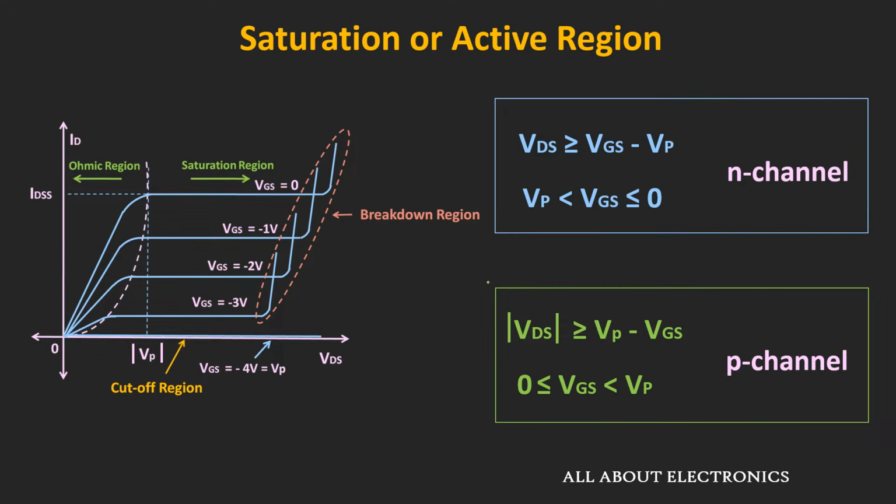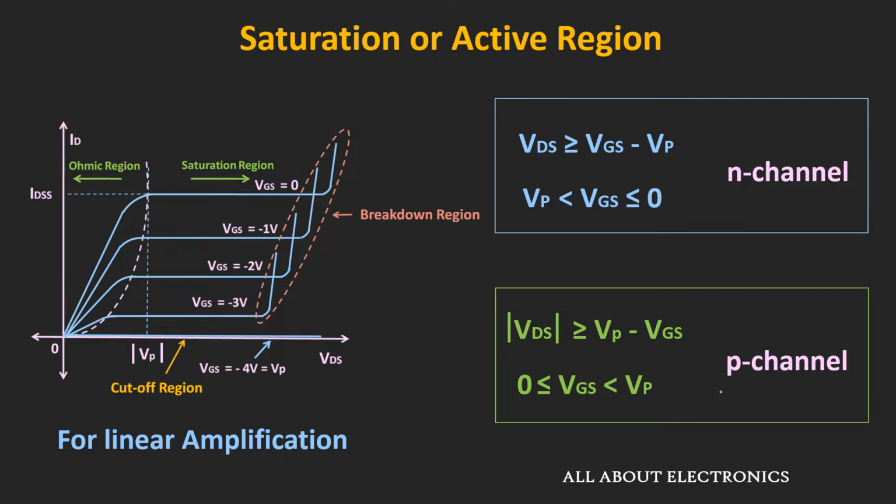And then after, we had seen the saturation or the active region of the JFET. In this region, the JFET can be used for the linear amplification of the AC signal. To operate the JFET in this region, the value of voltage VDS should be on the right hand side of this parabolic curve. Or mathematically, we can say that the value of voltage VDS should be greater than or equal to VGS minus VP.